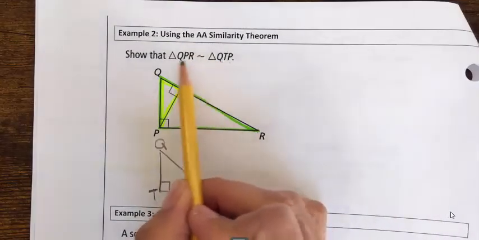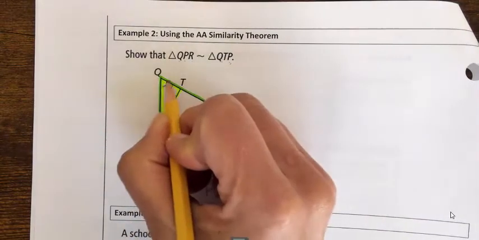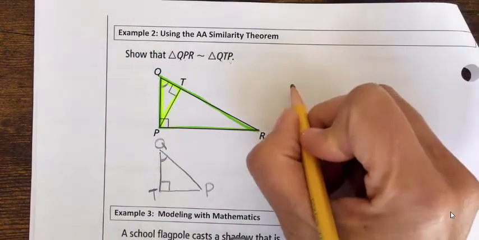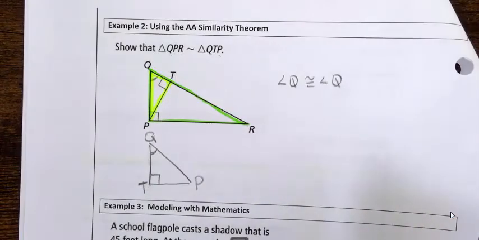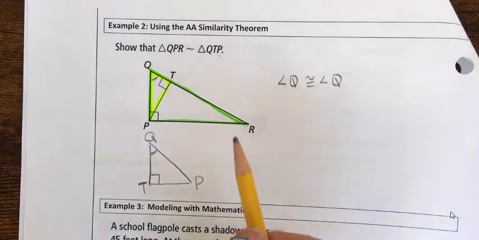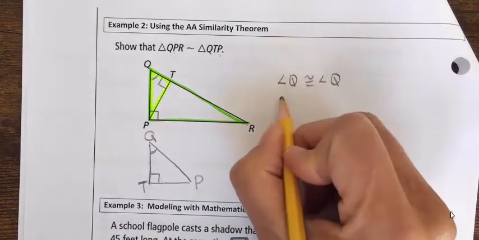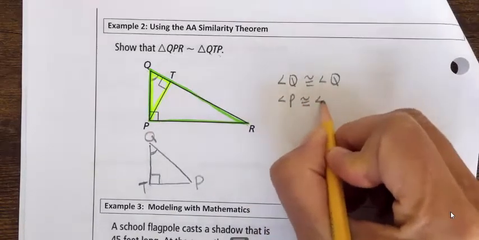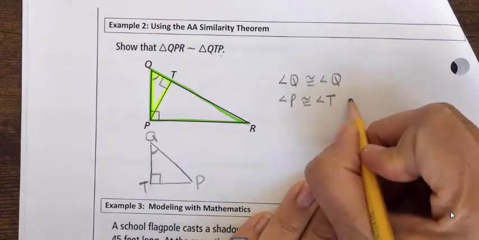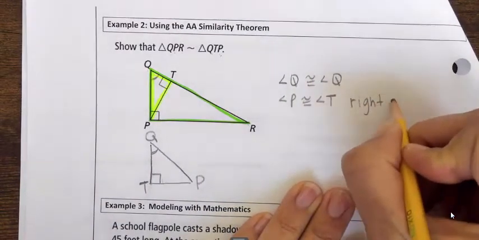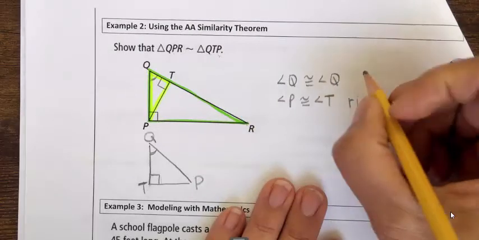So the fact that these are similar tells me that angle Q is definitely going to be congruent to angle Q. I know that angle P is congruent to angle T, and that's because I have right angles. Here I know angle Q is congruent to angle Q because they're basically the same angle, right?